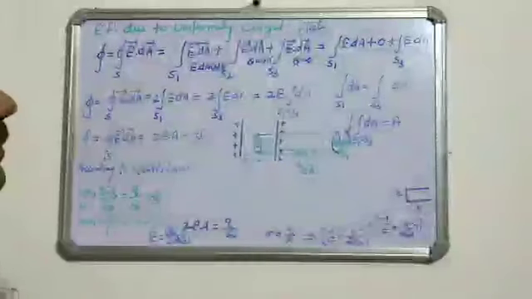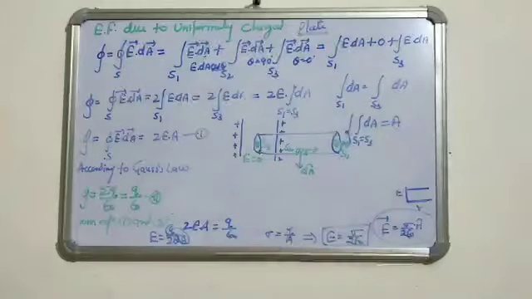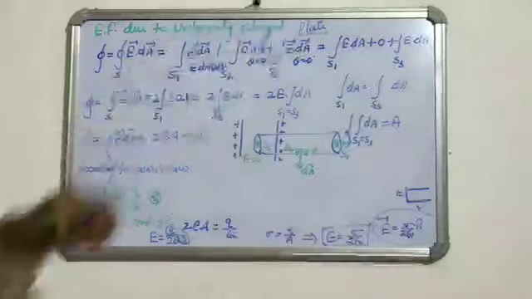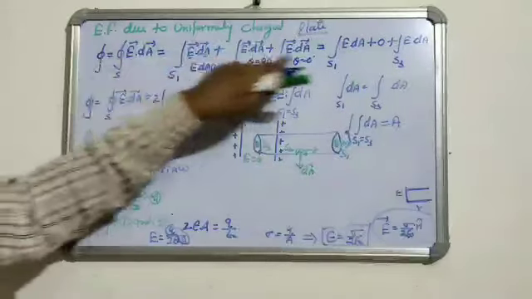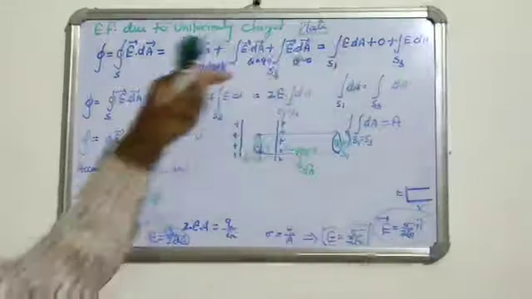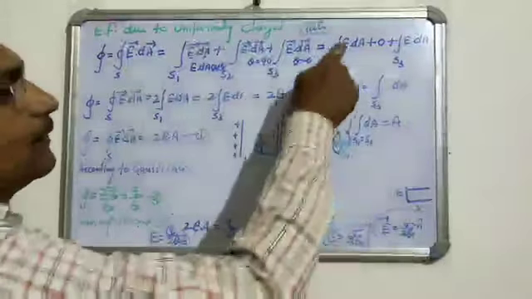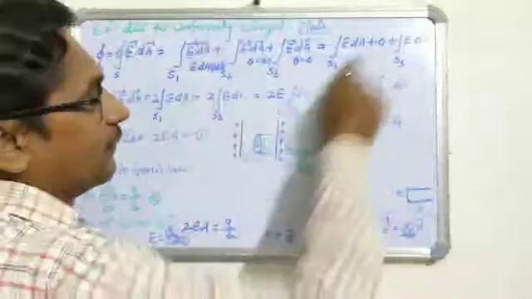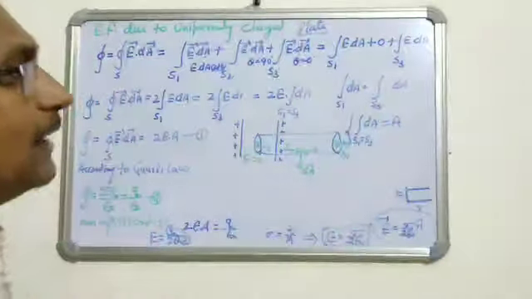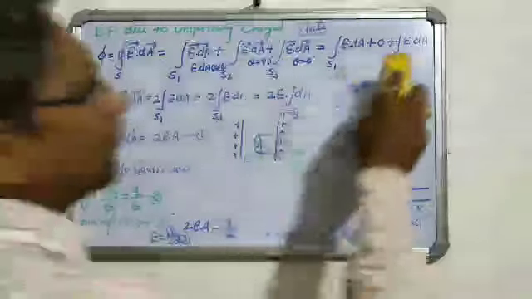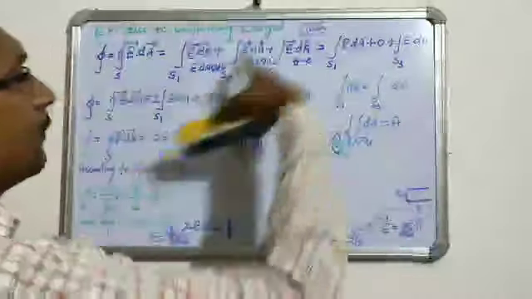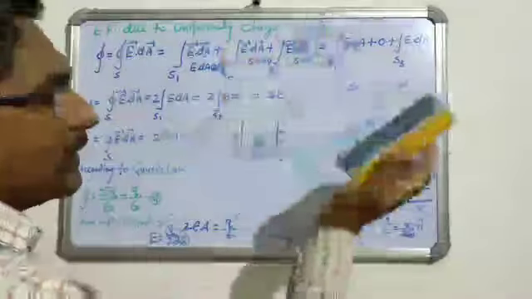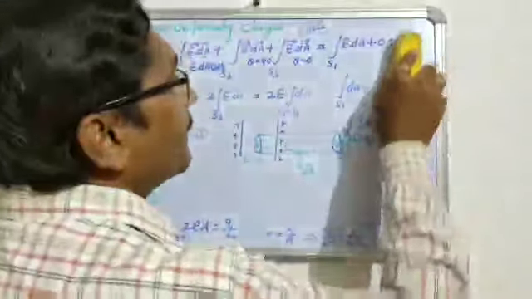So for S1, E dot dA, because theta is 0, cos 0 equals 1. For S2 it is 0, and for S3 the electric field is also 0, so E dot dA is 0 multiplied by area, which is 0.